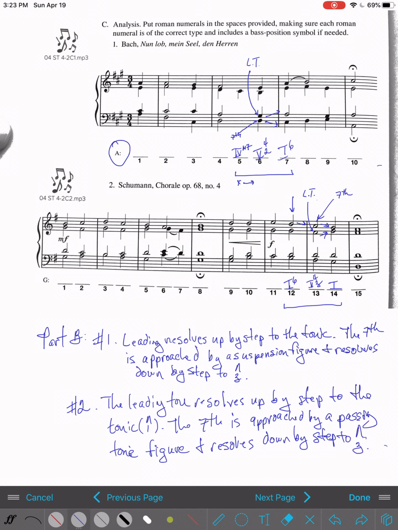So this is really all we're looking for. It's really not as complicated as it could be.